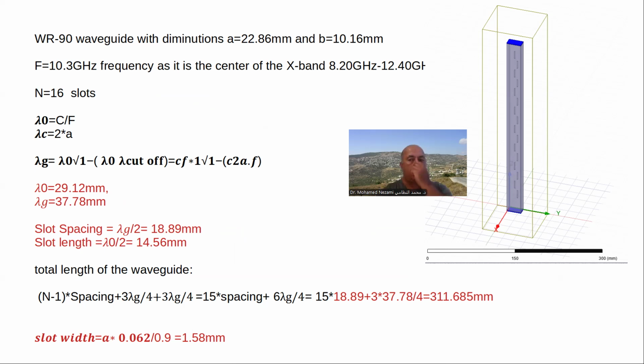That's why these systems are held primarily for systems that are on the order of, say, 200 to 300 megahertz at most. Otherwise, you would have to go to non-resonant slotted waveguide antennas, which are more complex, and they have to be fed from the side. They have to have a load termination on the other side. So, anyway, the number of slots is going to be 16.